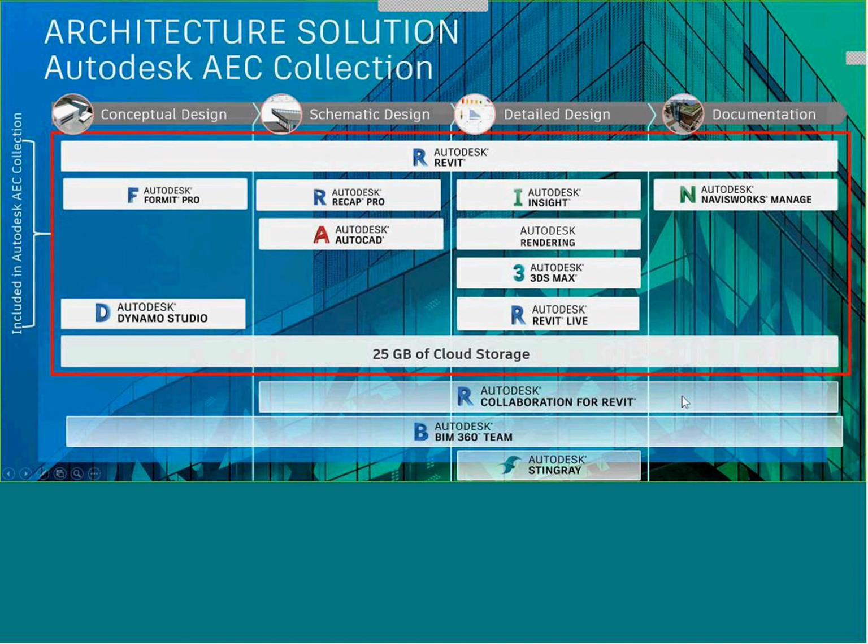The ones that you see on the bottom of your screen, Collaboration for Revit, allows you to work seamlessly on one file across different offices. The file would be based on the cloud, and you would pass it through your BIM 360, which is a document management platform that again is cloud-based.